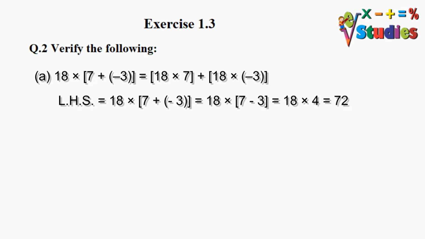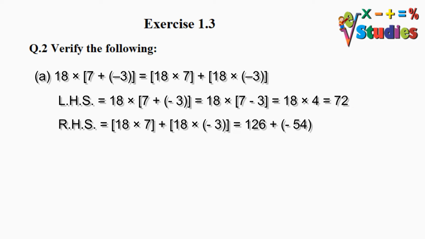Then looking at the right hand side of the sum, we have 18 multiplied by 7 plus 18 multiplied by minus 3. So 18 multiplied by 7 will give us 126, and 18 multiplied by negative 3 will give us negative 54. Now we have positive 126 and negative 54.